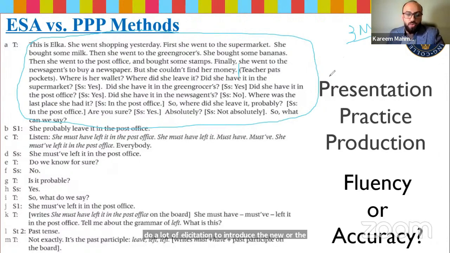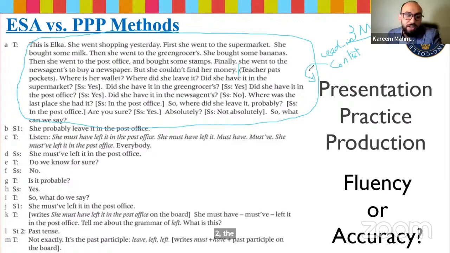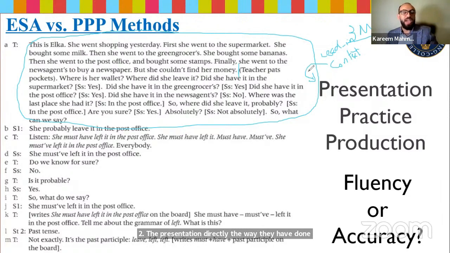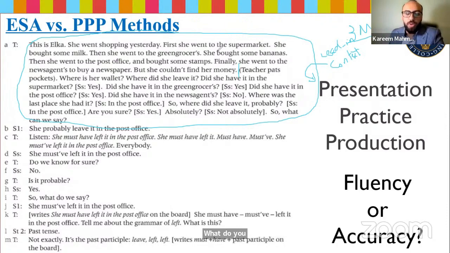So the teacher moved, after the lead-in, for example, to the context, to the presentation directly. The way they have done that, inductively or deductively, what do you think? I mean, direct teaching, direct input, or indirect input? What do you think?